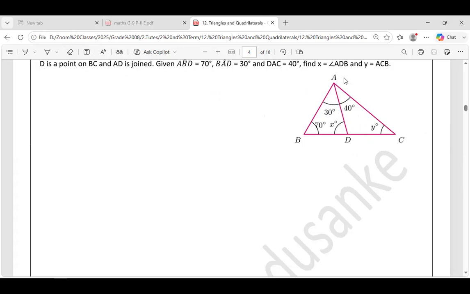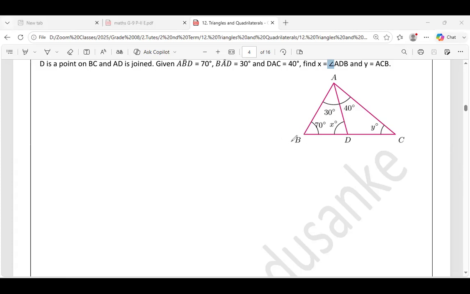We need to find ADB angle x and y. So we have to find this x and y. First of all, we have to check what is to be found. So how are we going to find it?